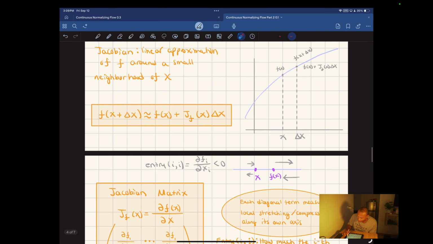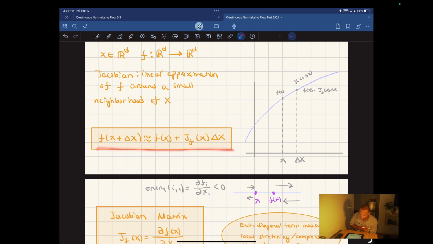So our Jacobian, if this is a nice definition of our Jacobian, we can see that it gives us an approximation for f. So f of x plus delta x is equal to f of x plus the Jacobian times delta x.